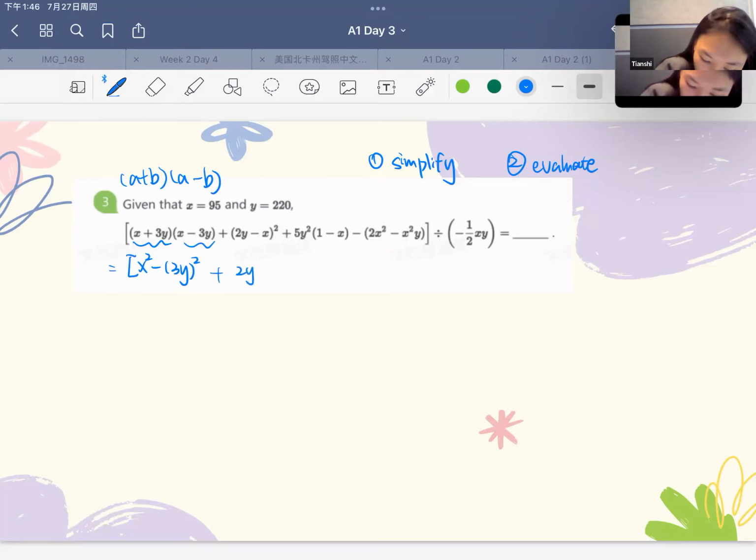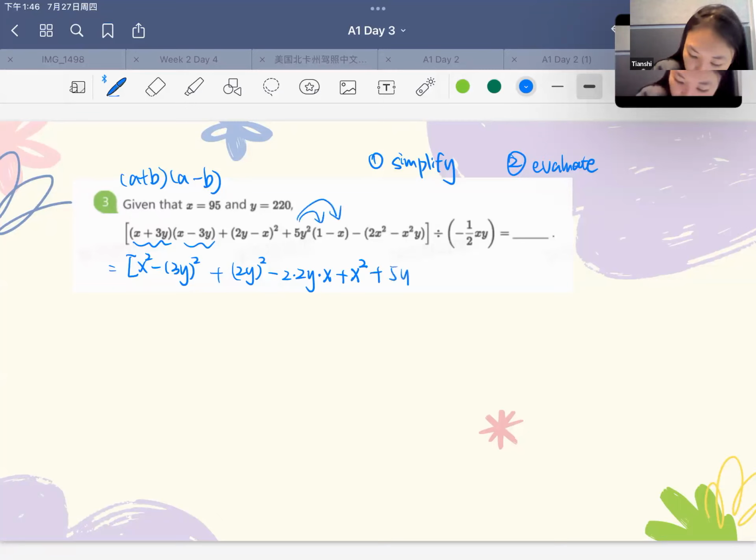So it's (2y) squared minus 2 times 2y times x, and then we have x squared. For the third term, we just need to use the distributive law of multiplication, so minus 5y squared x. And here we have a negative number in front of the parentheses, so we need to distribute the negativity.